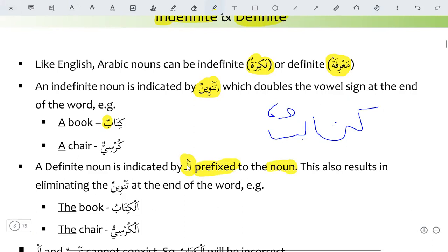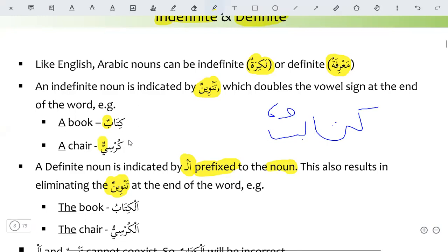So if we prefix alif lam, which we call al, to the noun, then after that there will be no more tanween. Al will eliminate the tanween at the end of the word kursiyun.